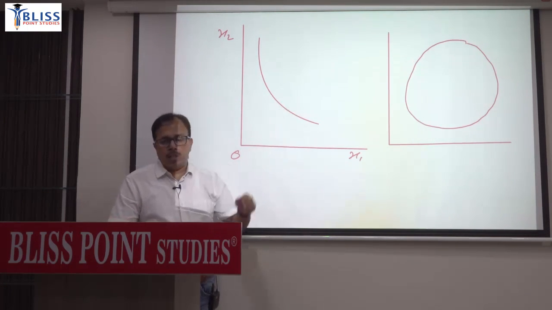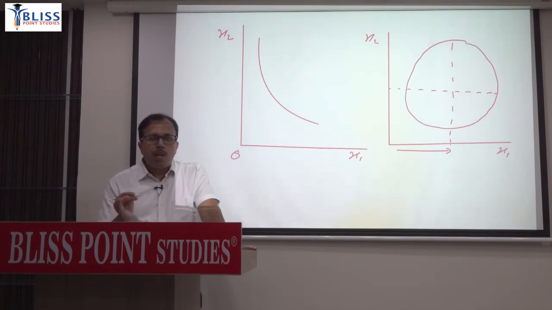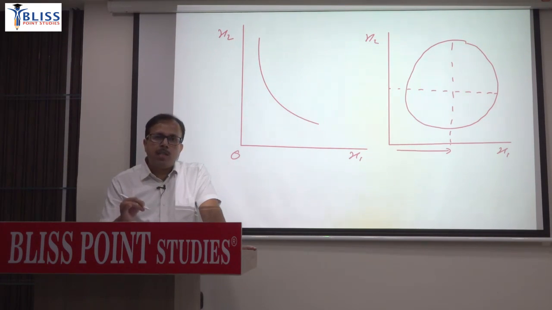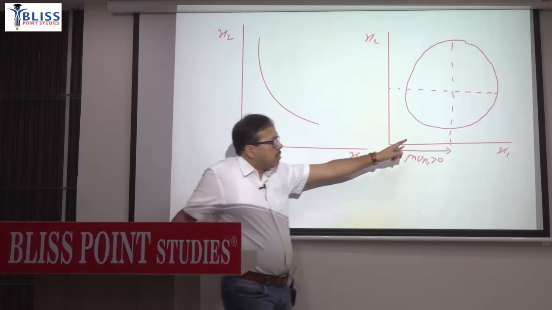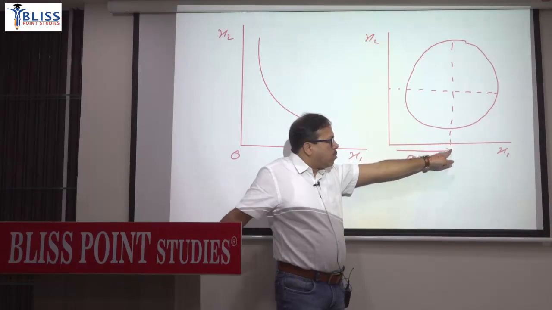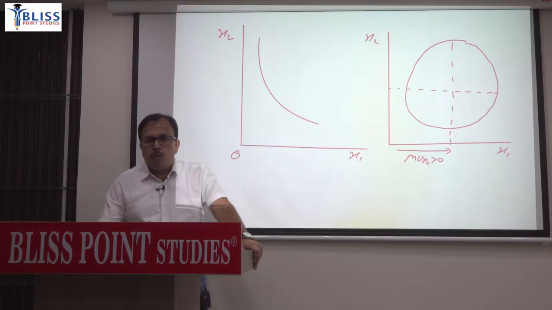There is a reason behind it being a circle. If you write here x1 and x2, it can be divided into 4 parts. As we consume more and more of x1, marginal utility of x1 will decrease, but initially it is positive. At this point, we can say that marginal utility becomes 0, and after that it will be negative.